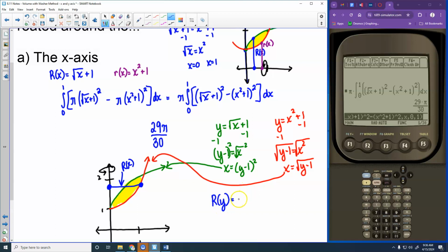And what should it be? Square root of y minus 1. And then the inside is going to be from where you're rotating around to the closest graph. So that right there is my lowercase r of x. That's my inside radius. Oh, still using x's. Gosh. All these right here should be y's.